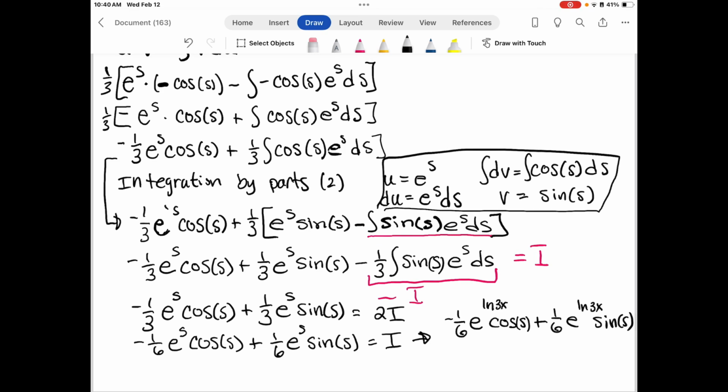Last step, now I'm just going to simplify this. E to the natural log of 3x, using properties of exponentials and logarithms, that's just going to give me 3x.